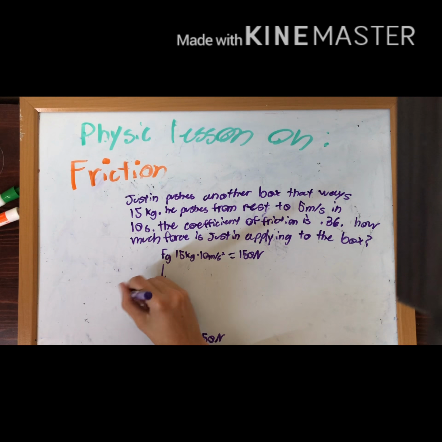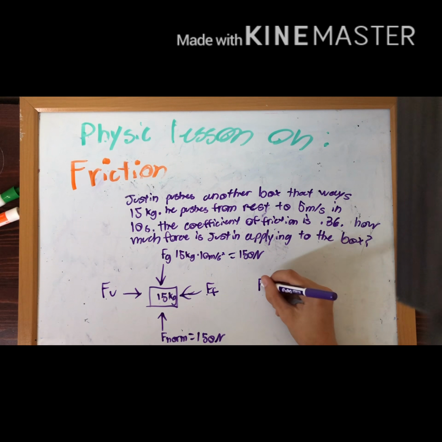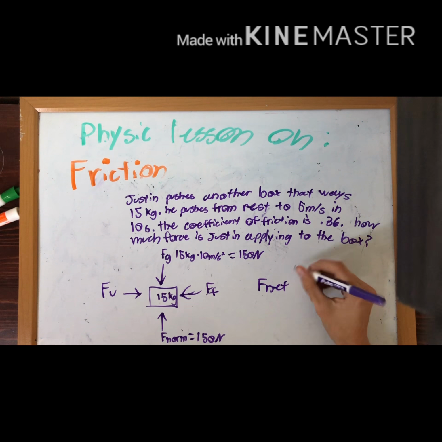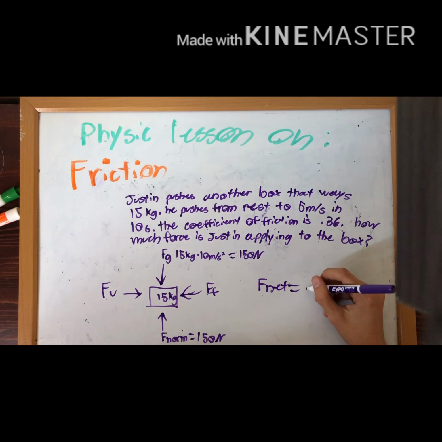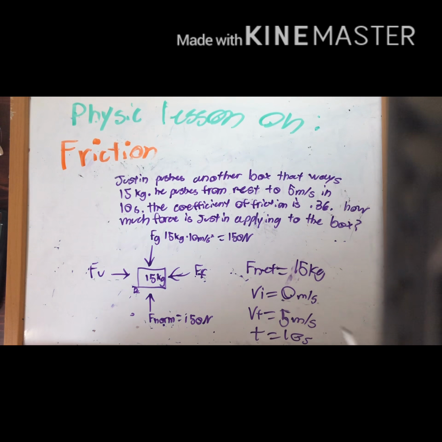What we're looking for in this problem is F of U, but we also need F of friction and the F net. What we're missing in our force equation is our acceleration. We don't have an acceleration, but what we do have is VI and VF.